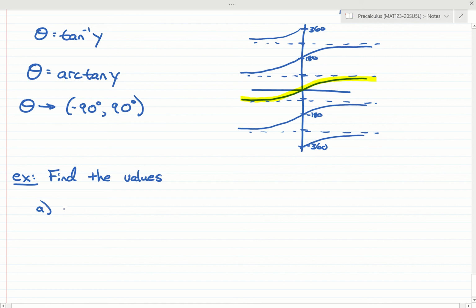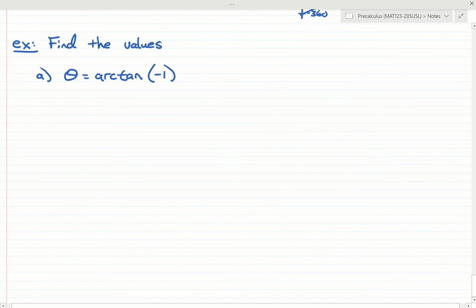So what if I asked you to find the values where theta is equal to the arc tangent of negative 1? Okay, well, in order to get tangent of 1, I'm thinking about my 45, 45, 90 triangles.